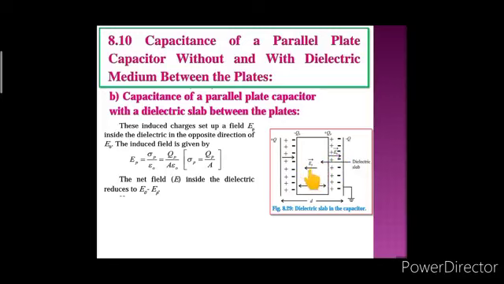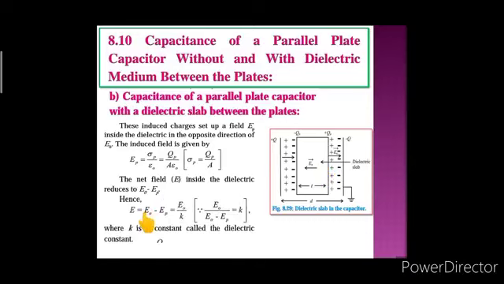Due to this opposite direction, it is taken as minus EP. Hence the net field is E0 minus EP.